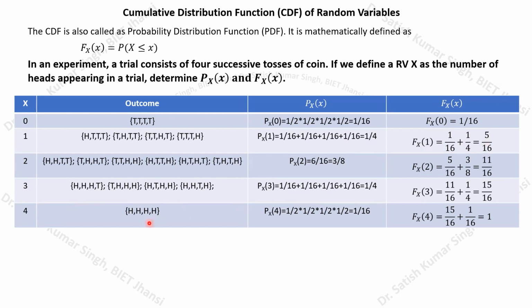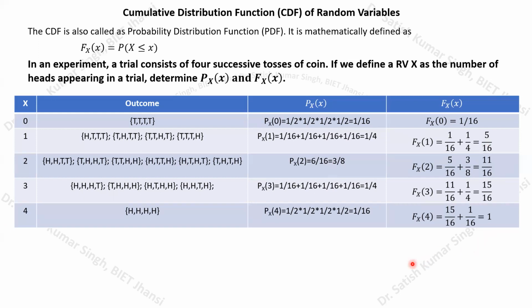Then the probability of getting 4 heads: there is only one possible combination, all 4 successive tosses being heads, so the probability is 1 by 16. Up to this, the cumulative probability is 15 by 16, so 15 by 16 plus 1 by 16 equals 1.